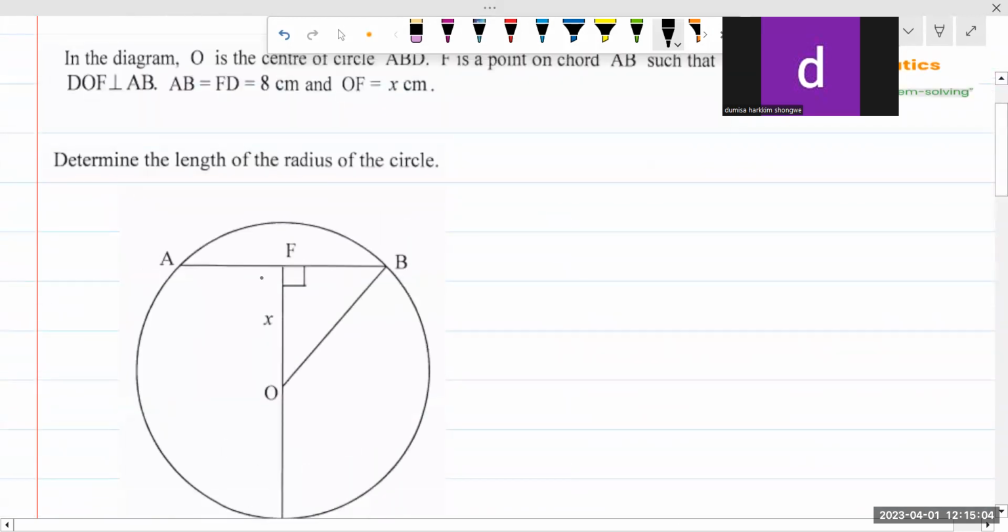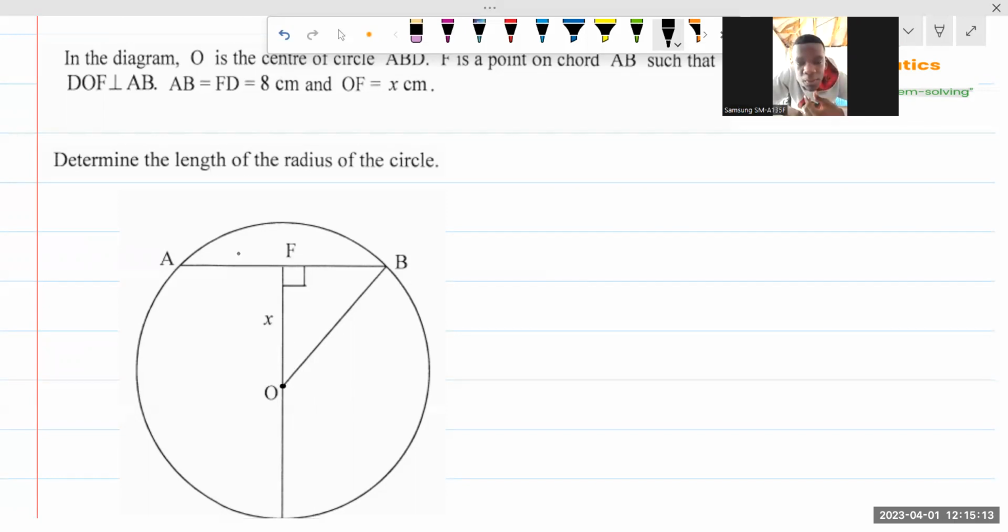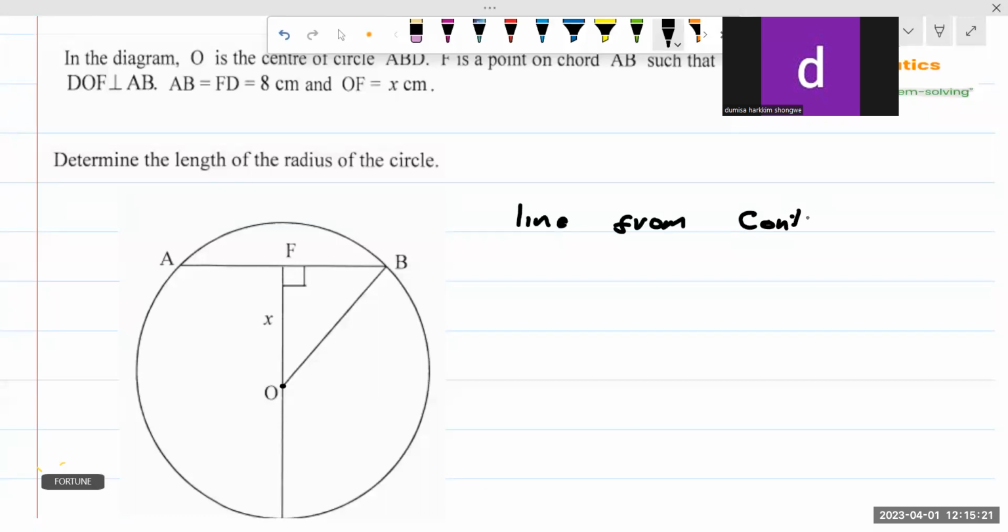In the following diagram, what do you think we have? Is the line from the center perpendicular to the chord. So here you have a line from center, and then it's perpendicular to the chord.